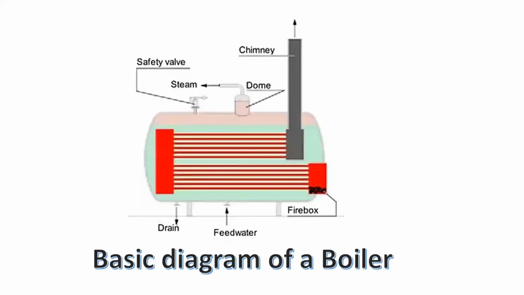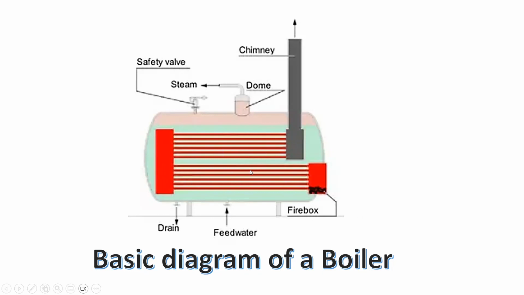This is a basic diagram of a boiler. So boiler means fire is to be there, water is to be there, and an outlet is to be there. So here it is taking the drain, and feed water. Feed water means we are sending the water through this tube and the fire tube.